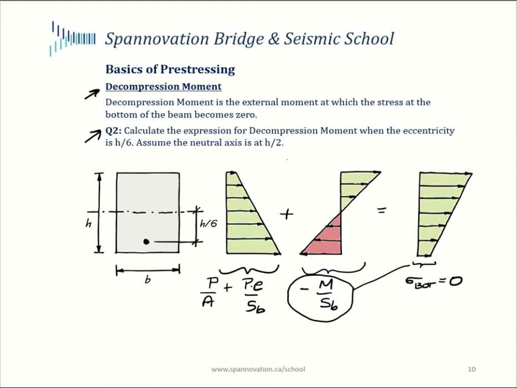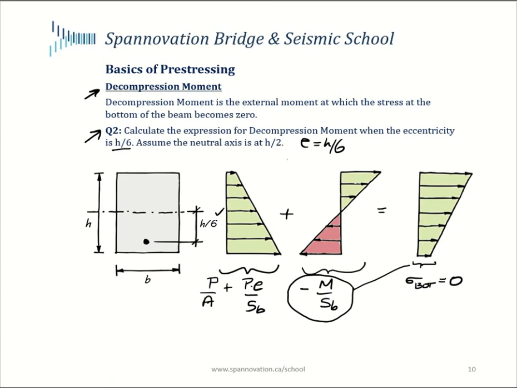which is asking us to calculate the expression for decompression moment when the eccentricity is h/6, as noted, and assume the neutral axis is at h/2. So let me just quickly write this down. e is equal to h/6.